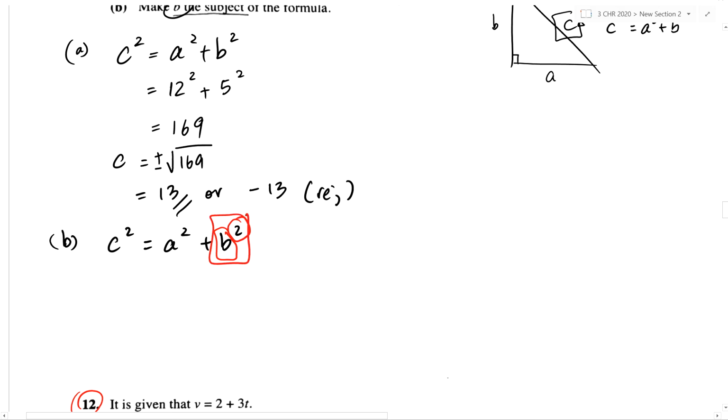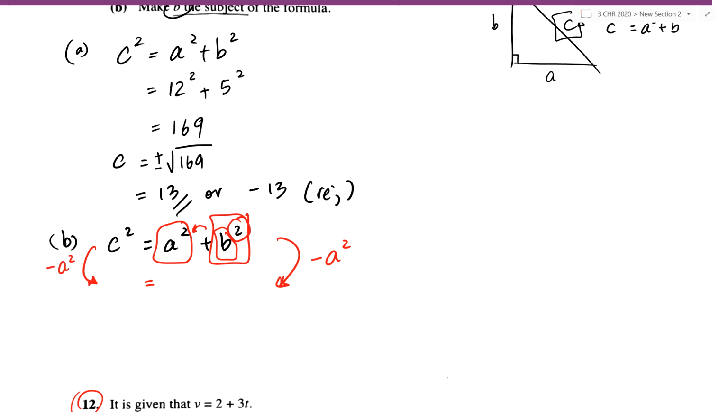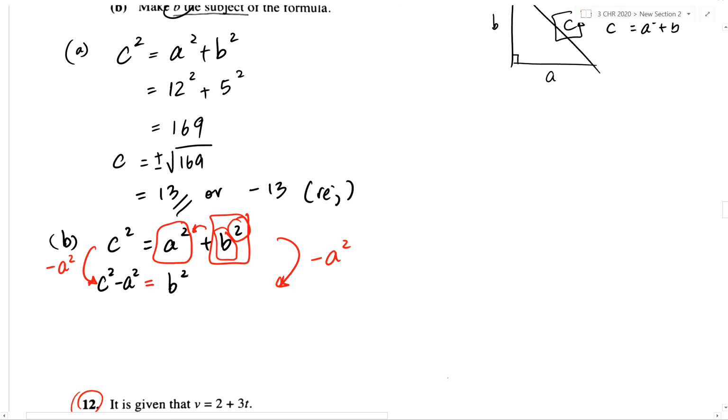And this entire thing is added to an a square. So let us remove the a square first. When I remove the a square, minus a square. On the other side, minus a square. So we end up with c square minus a square, and this is b square.